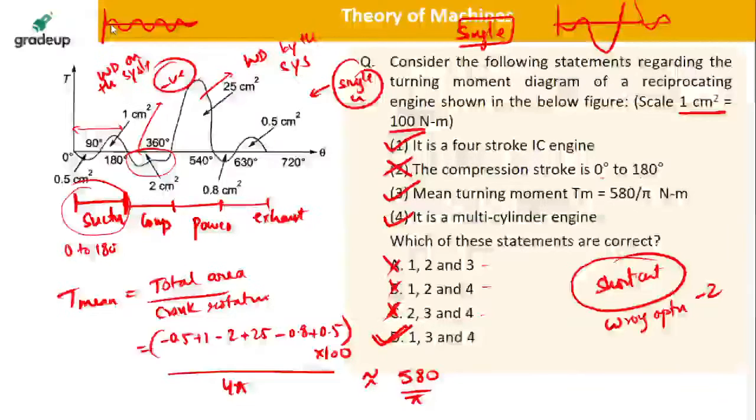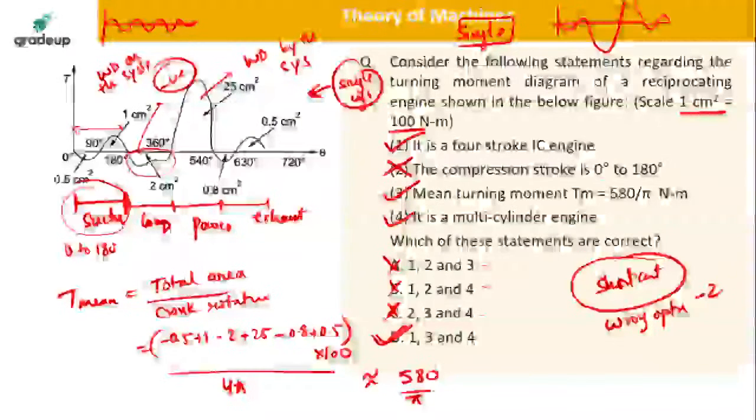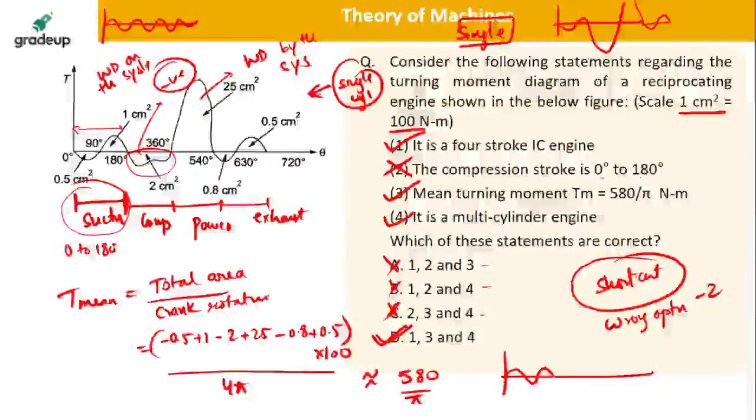This is clear. Aju, look, basically this graph resembles a single cylinder. If I say for a multi-cylinder, almost we are having the same peak and same crest. This is basically for a multi-cylinder.